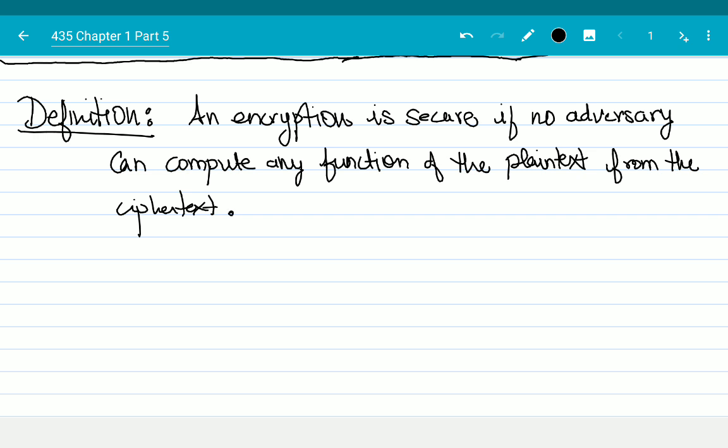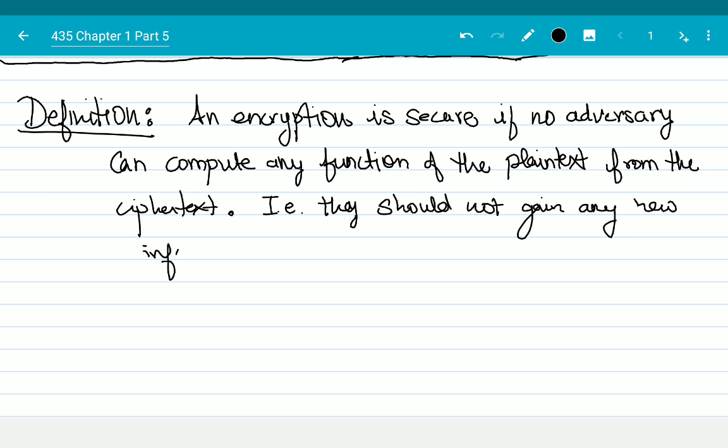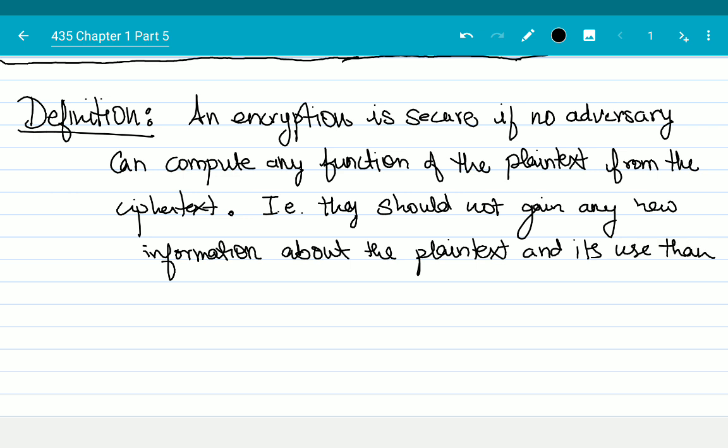Well, it means they should not gain any new information about the plain text from the ciphertext than what they already have. Okay.